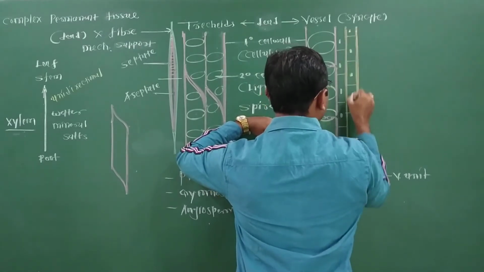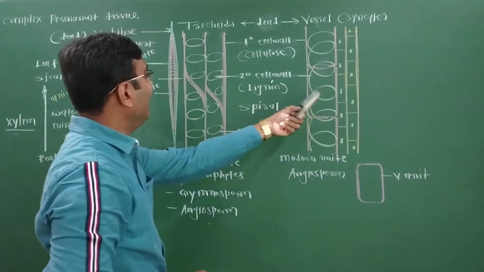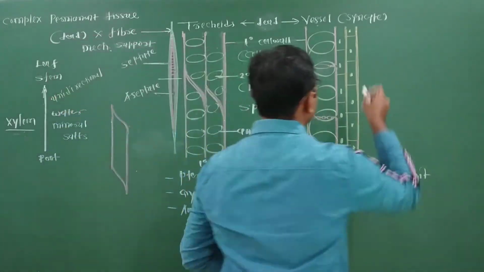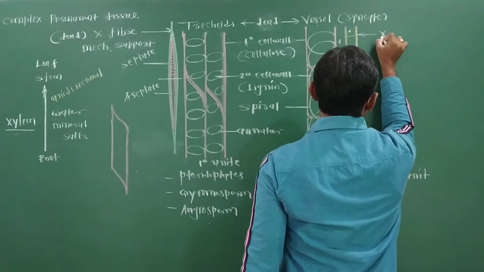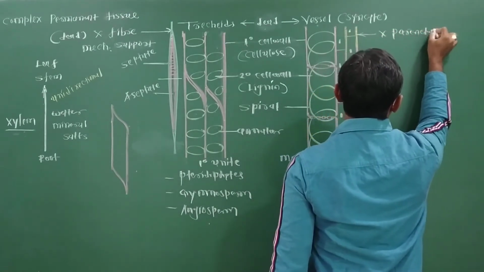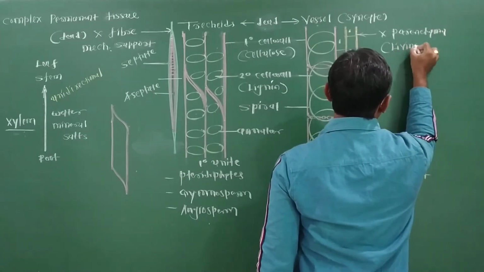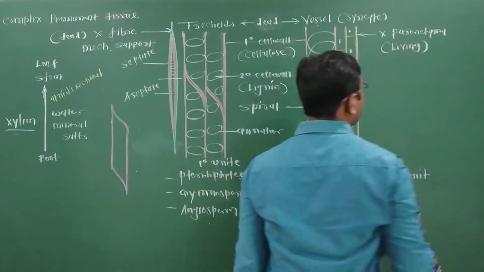So the parenchymatous cell associated with the vessel and tracheids is called xylem parenchyma, the only living unit of the xylem.